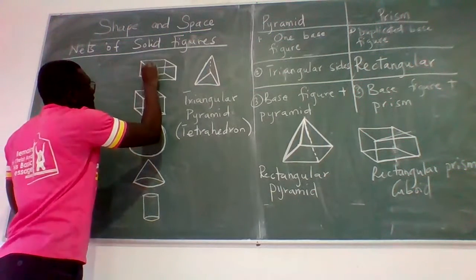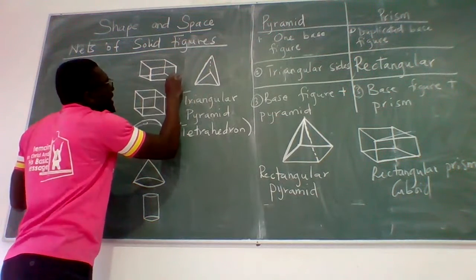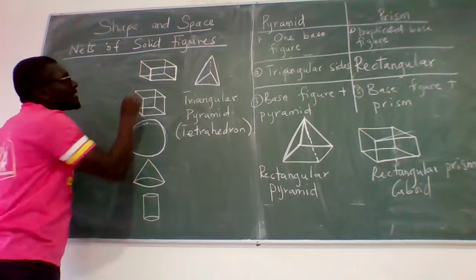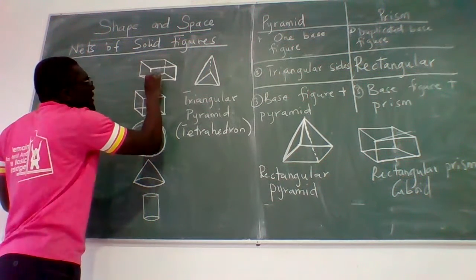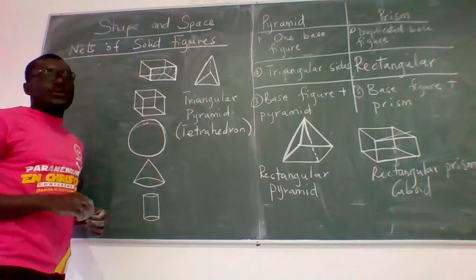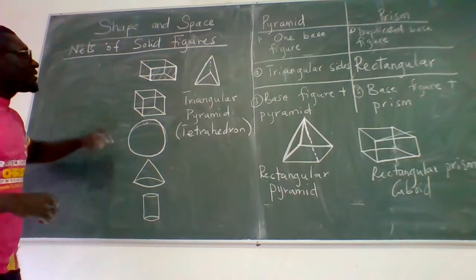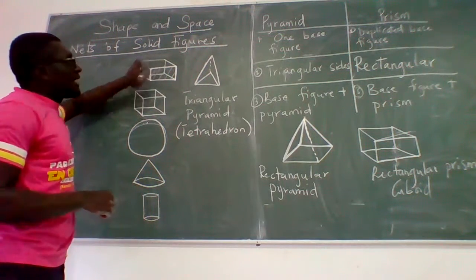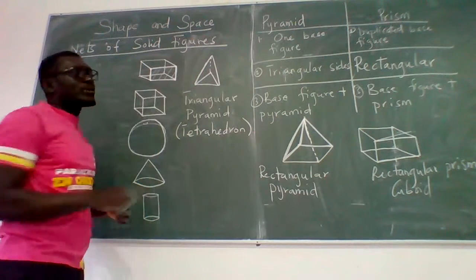So when I take this vertex, it is connected by this edge to this other vertex. There's another vertex, and another vertex, and then there. So we can see that these four edges with these four vertices form a certain plane figure here. That plane figure that we see is what we call the face. So we can say that when two faces meet, they form an edge, and then the point where all the edges are meeting is what we call the vertices.